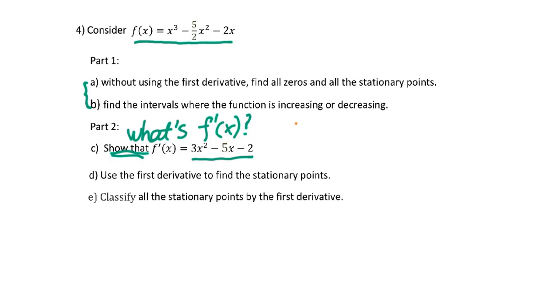So you will get f prime of x equals 3 times x squared for the x to the third power, then minus 5 over 2 is the coefficient, bring down the 2 for the exponent, then minus 1 to the first power, minus 2 times 1.